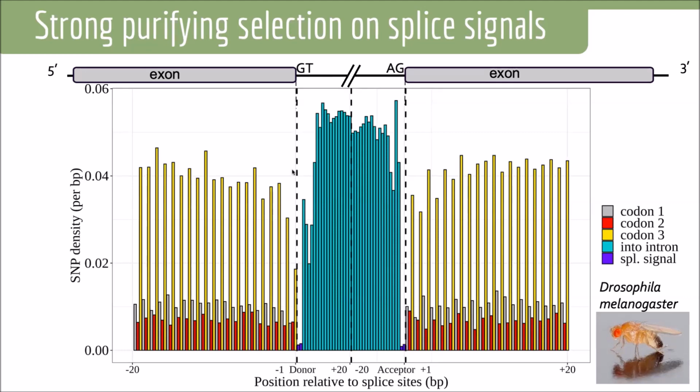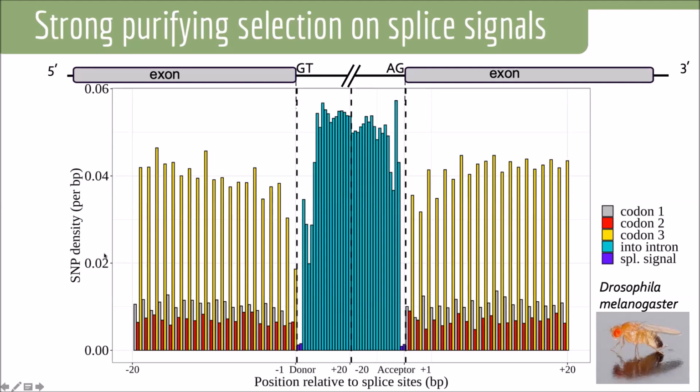So what we did is that we measured the level of polymorphism, so SNP density, at different positions relative to the splice donor and the splice acceptor. We show here the first 20 base pairs within the intron and the last 20 base pairs within the intron, and the 20 base pairs upstream in the upstream exon or downstream in the downstream exon.